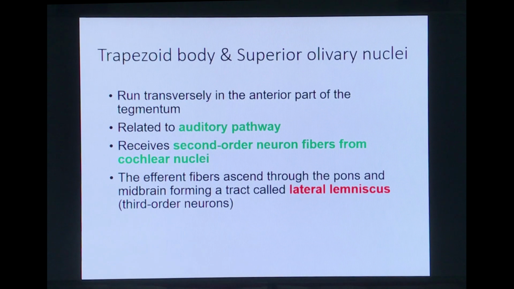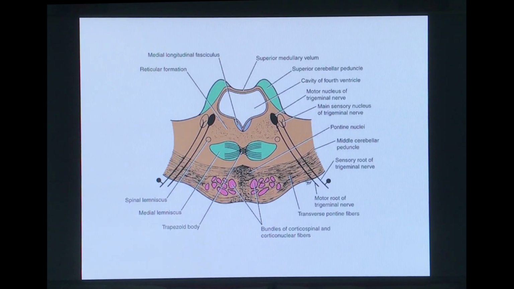So the cochlear nerve, which is carrying the sensation of hearing, comes and relays in the cochlear nuclei. You know that the cochlear nuclei are two in number, anterior and posterior cochlear nuclei.